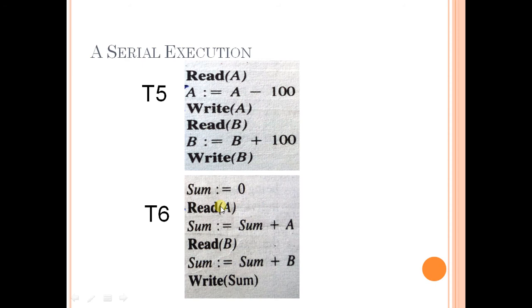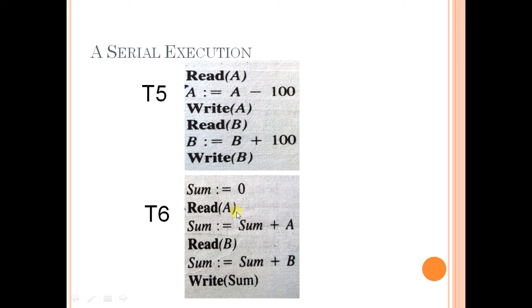In any case, if you try to find out the sum, assuming that one account contains 500 and another account contains 1000 rupees, the total will always be 1500. You can very well guess, because suppose this is executed first. So A has 500, 100 rupees is deducted, it becomes 400, then 100 is added to B, it becomes 1100.